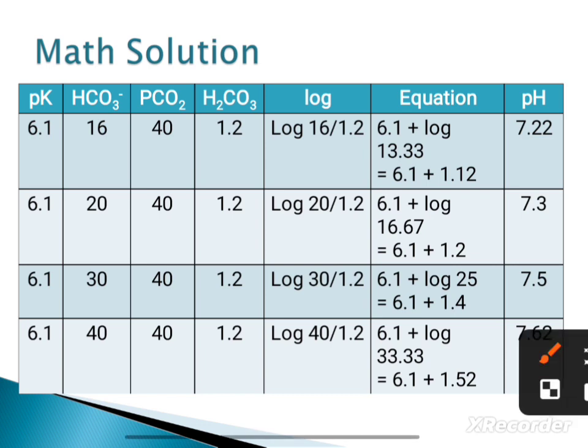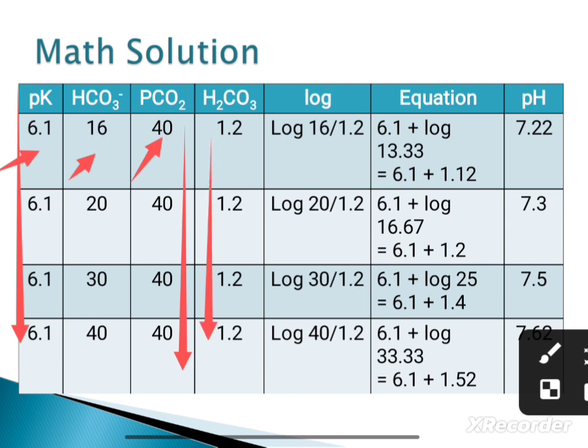Look here. In my first equation, we know pK is 6.1. Everywhere, pK is 6.1. First, the bicarbonate given is 16, where partial pressure of carbon dioxide is always 40. As in metabolic acidosis, partial pressure of carbon dioxide will be unchanged. So carbonic acid will be 1.2.